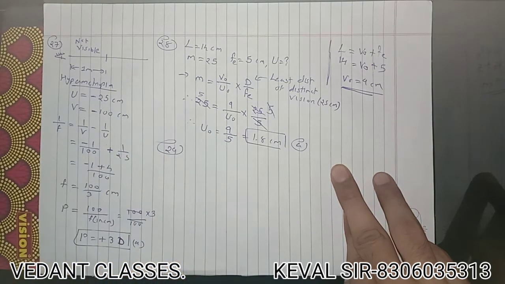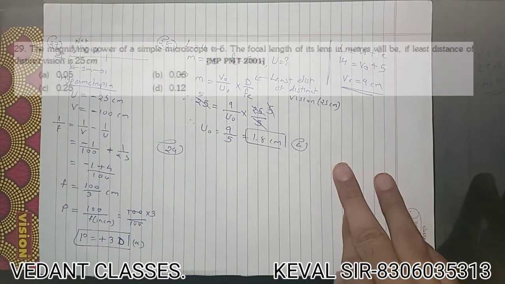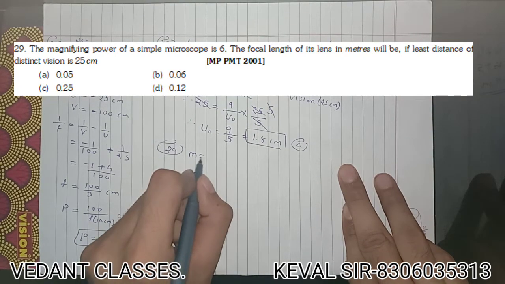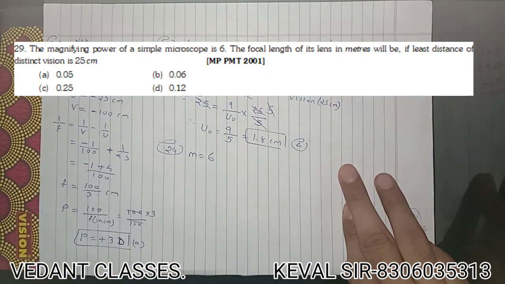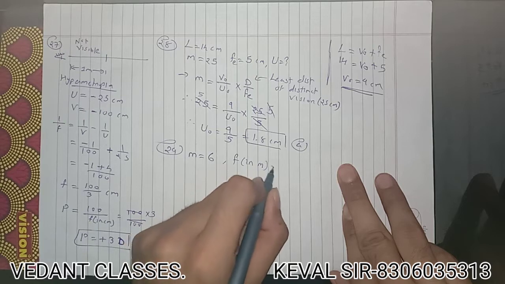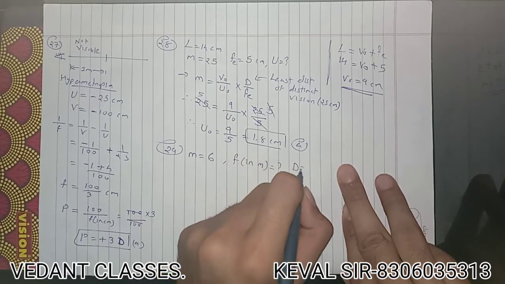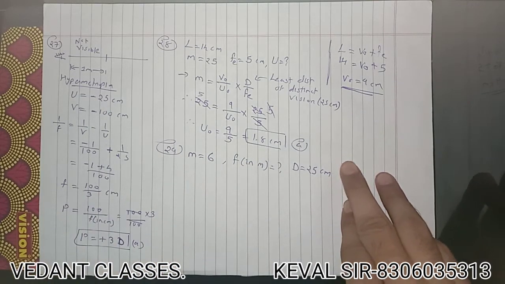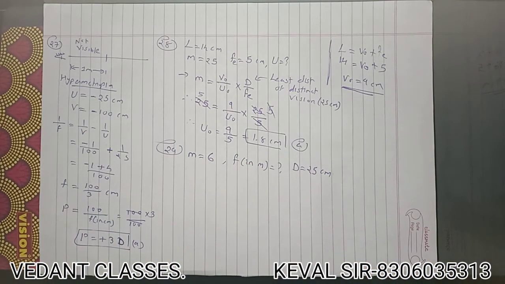Let's solve the next question, that is question number 29. In that, the magnifying power of a simple microscope is given, that is equal to 6. The focal length of the lens in meter that we need to find out. Considering D is equal to 25 centimeter, that is given, the least distance of distinct vision is 25 centimeter.